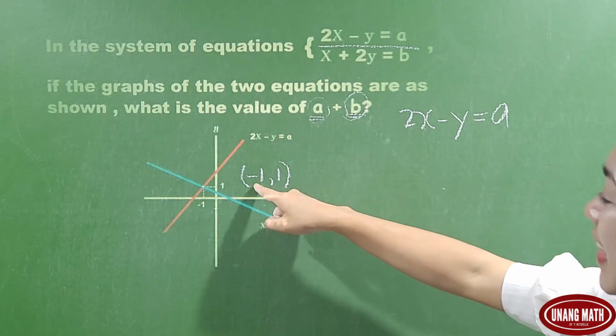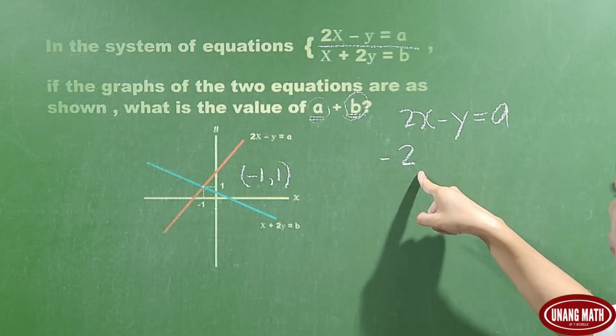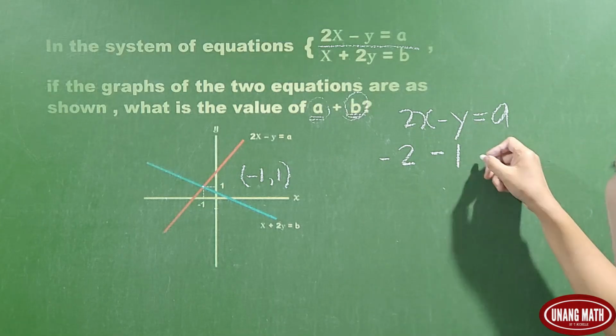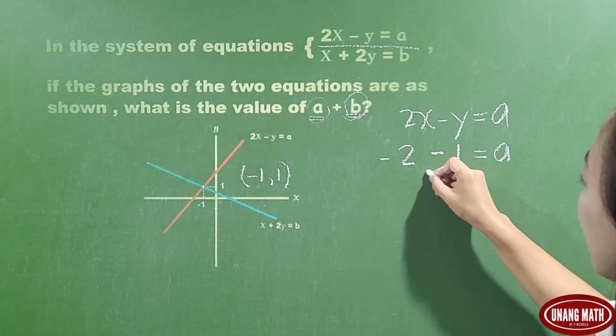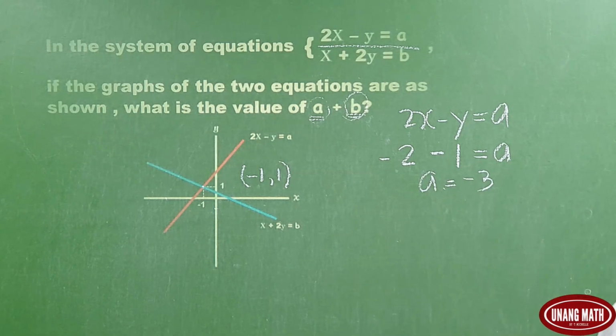Okay, x is negative 1. So it means this is negative 2. 2 times negative 1 is negative 2. Okay, minus y is 1. So this is minus 1. And that would be equal to a. So it means a is negative 2 minus 1, negative 3.